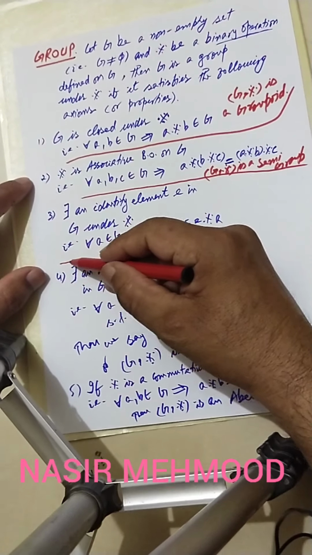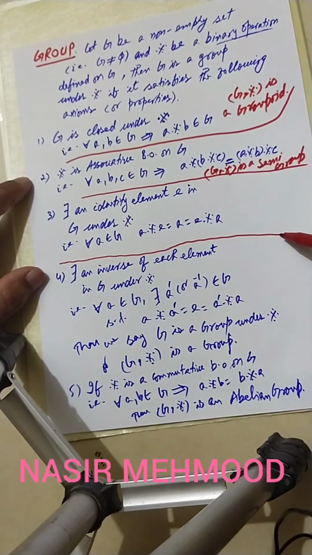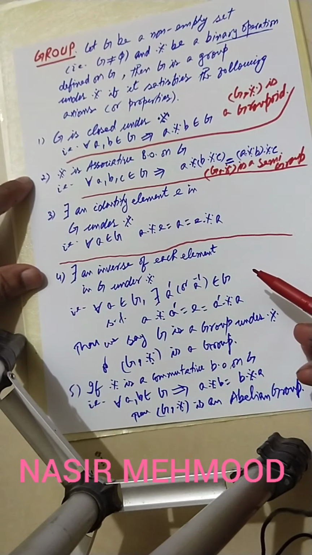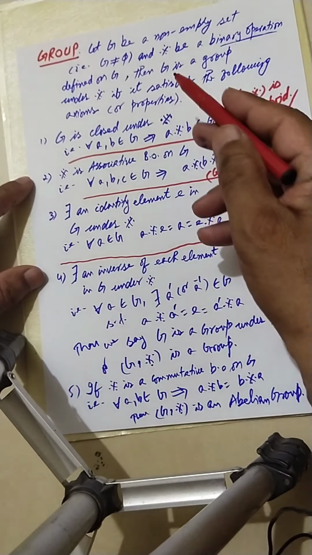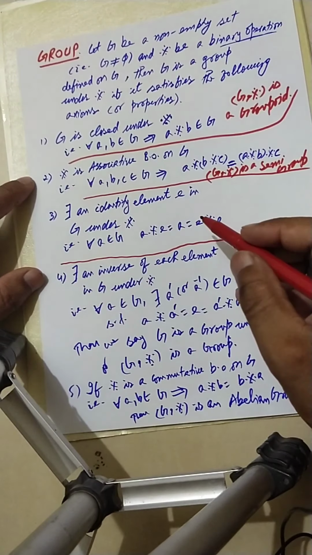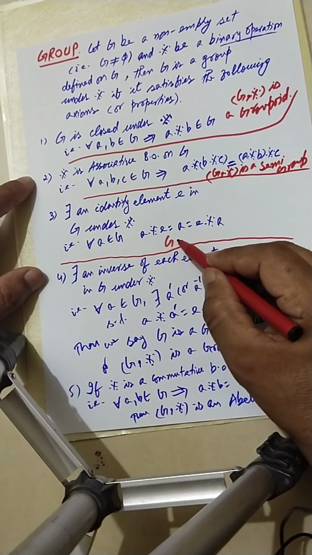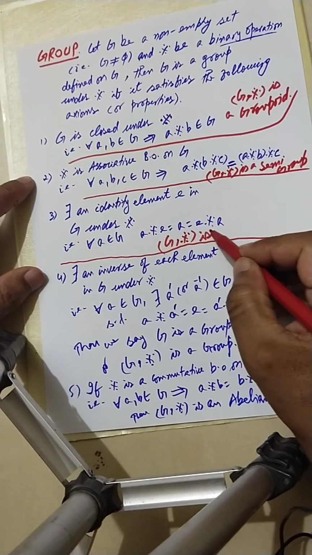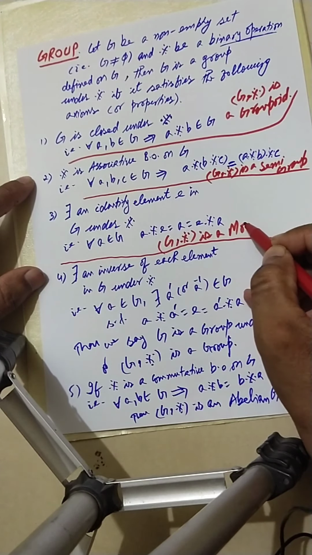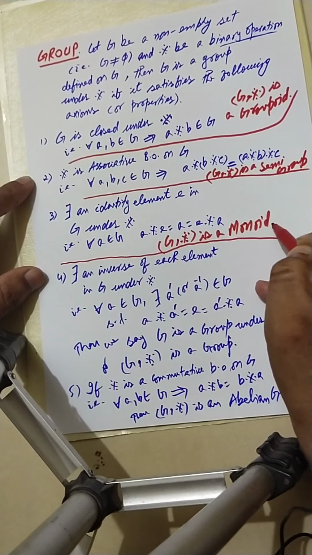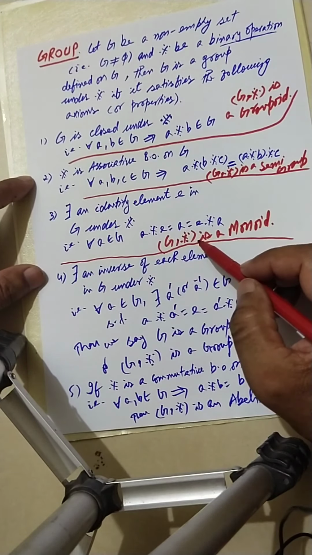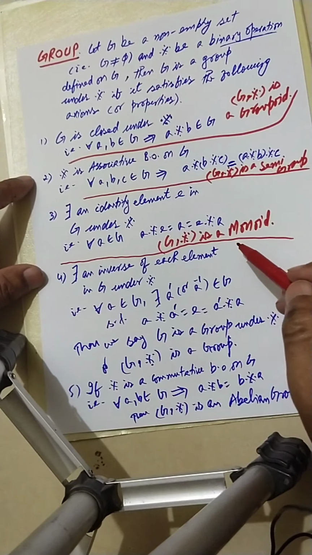And if three properties hold, closure, associative and identity exists in G under *, then G and * is a monoid. Or you can say in a semigroup identity exists, then it is a monoid.